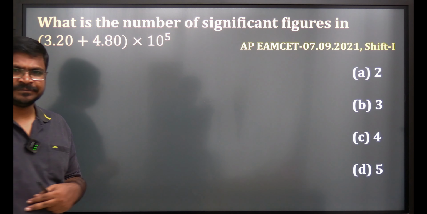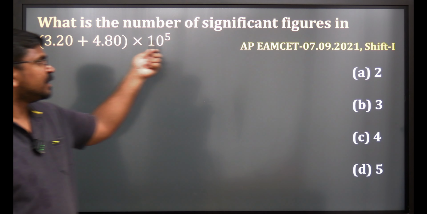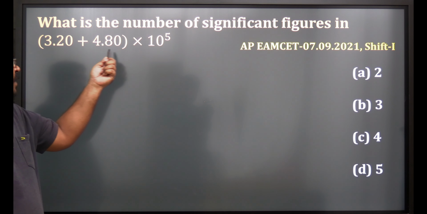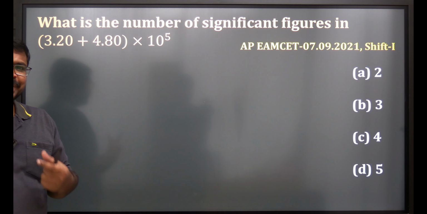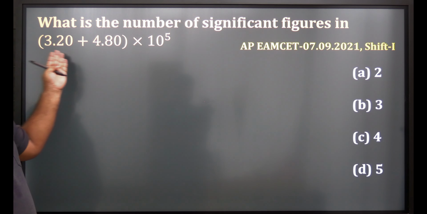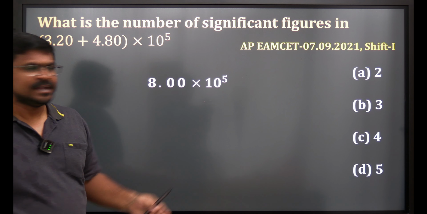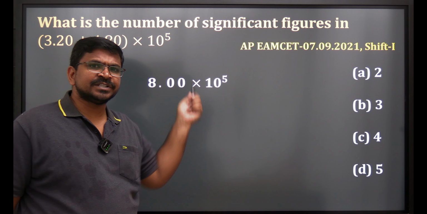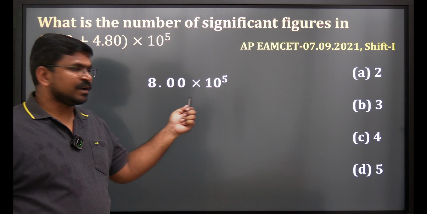Now, the next question, similar, from 2021: what is the number of significant figures in the expression 3.20 plus 4.80 into 10 power 5? First, you need to simplify this expression. 3.20 plus 4.80 is 8.00 into 10 power 5. Always remember, you just ignore the power of 10 part while estimating the number of significant figures and focus on this one.